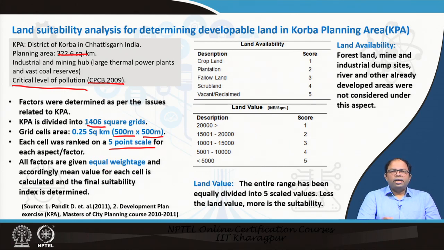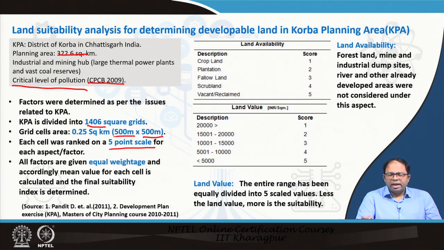All factors were given equal weightage, because we thought that we could have given weights, but why don't we give equal importance to all of them, and we did that. The final suitability index was developed by multiplying factors with weights, or rather in this particular case taking the average of all the factors, because we are giving equal weightage.